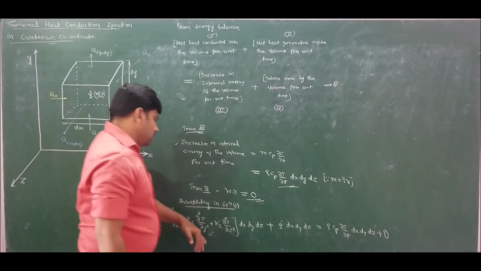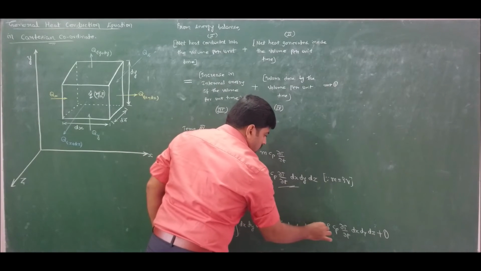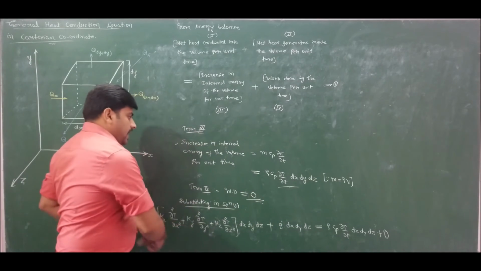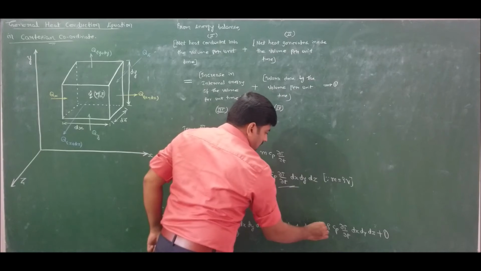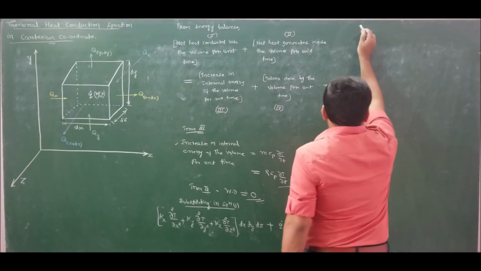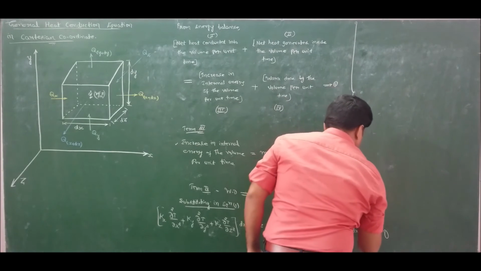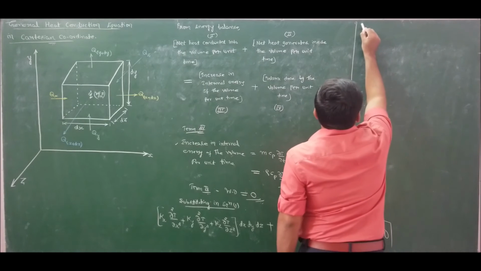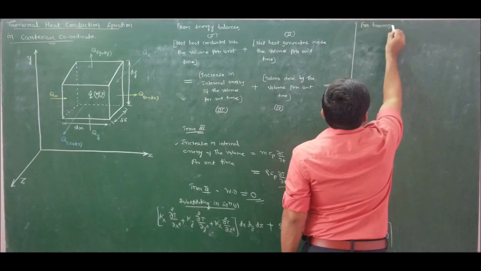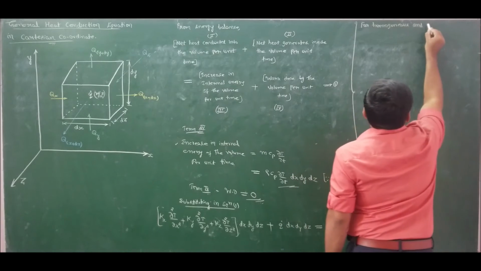Now I can cancel off dx dy dz by taking it common throughout, and cancel it from both LHS and RHS. And if I consider a homogeneous isotropic material, I will get the final expression for homogeneous and isotropic materials.